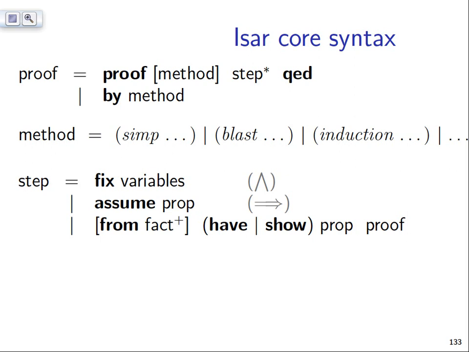And optionally, you can also say, oh, please use the following facts. So fact will come in a moment, and the plus means it's a sequence of facts. So you can explicitly say, use the following facts in this proof step here. So you're piping in a Unix-like fashion certain facts into the proof step.